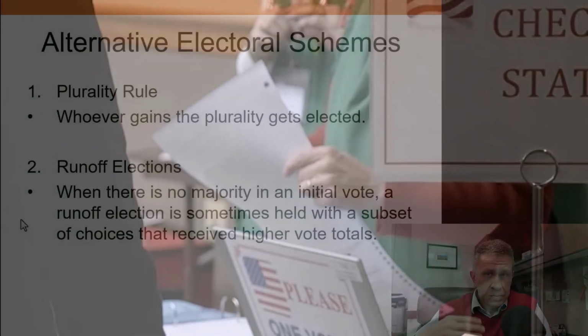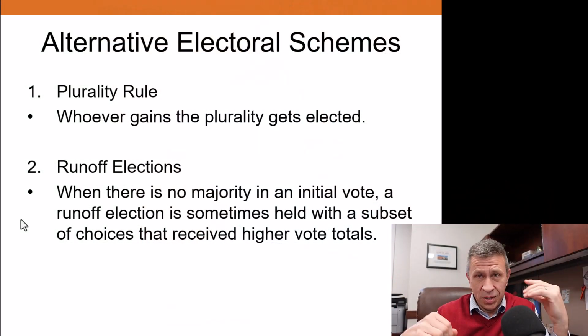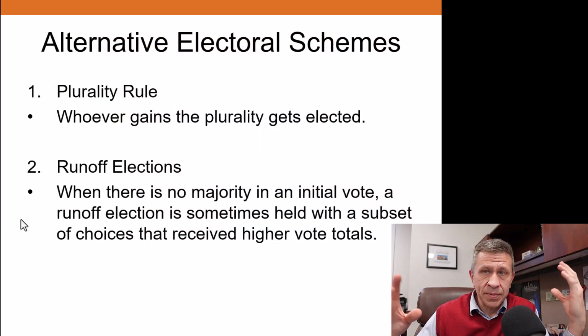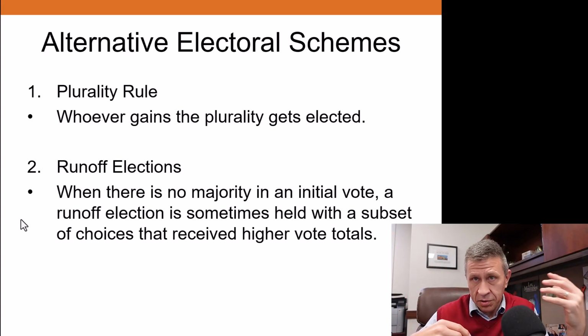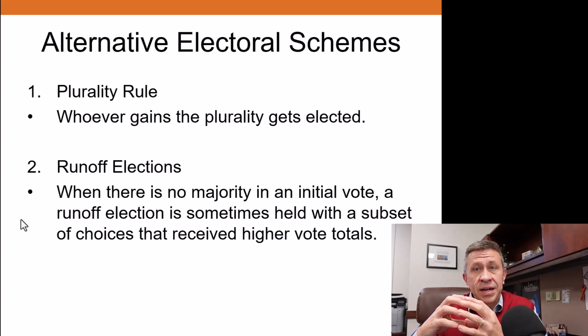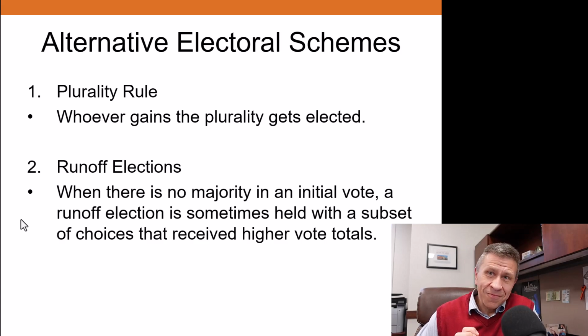So in some states, if there's 3 candidates and somebody gets 46% and they're the highest, they win. And in other states, you have to hit that 50% or higher mark. You have to get a majority. And if you don't get the majority, there's a runoff election with often the top 2 vote getters.